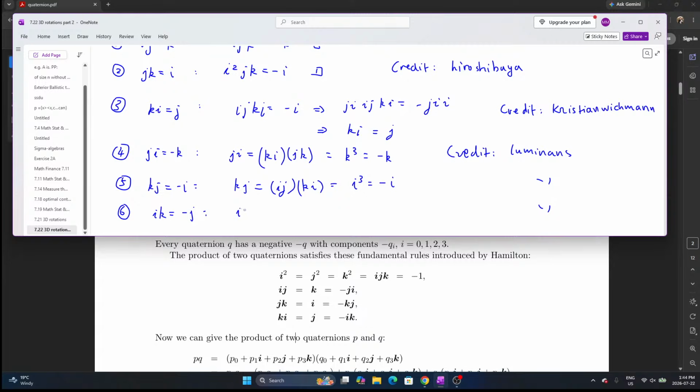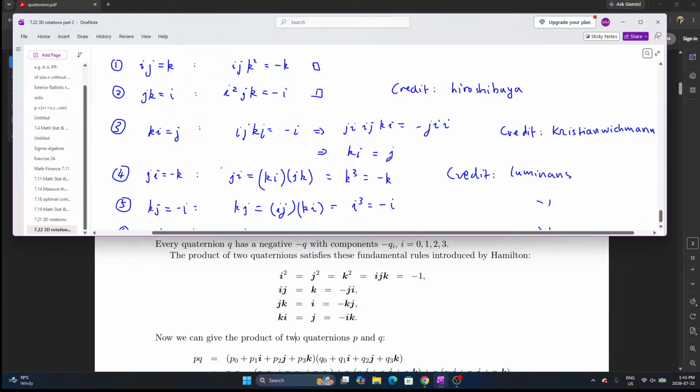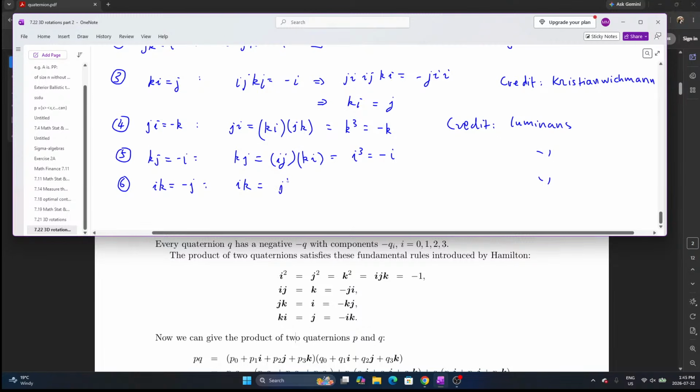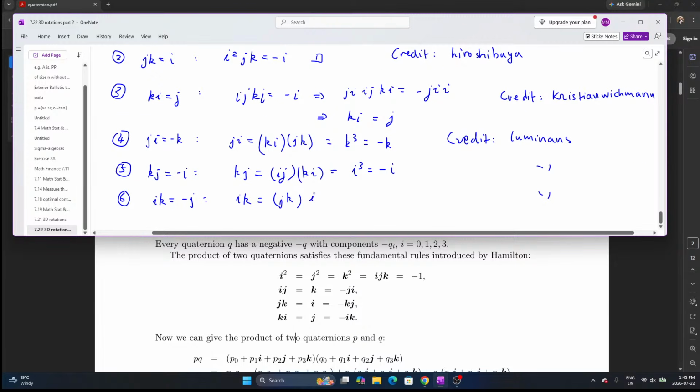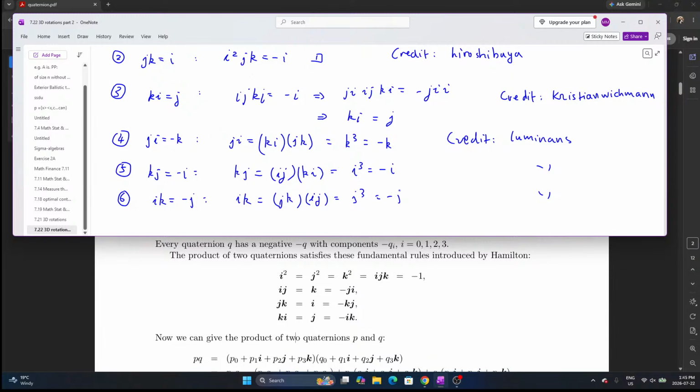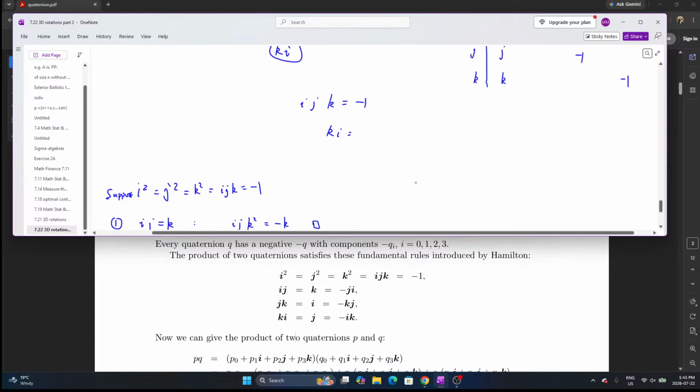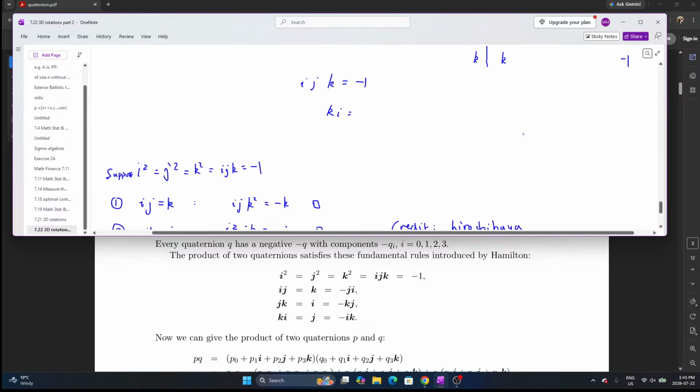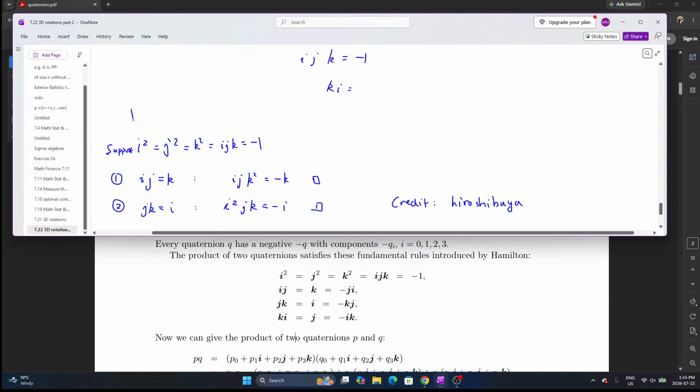Now you have enough expressions, you can just plug in, right? i is jk, k is ij, and ki is j, so it's just j cubed equals minus j. I think now we have everything in the table. So this is the derivation for the multiplication table.